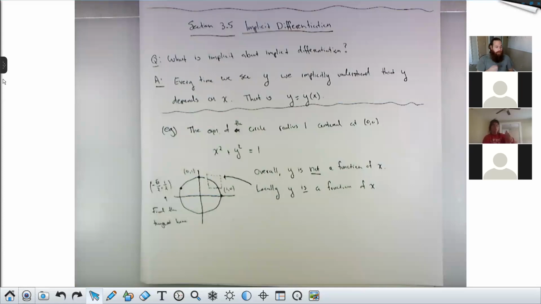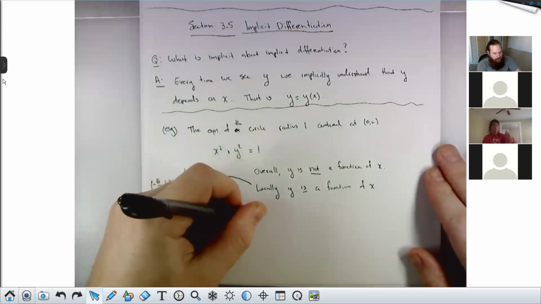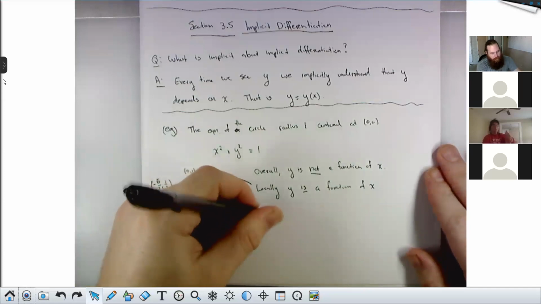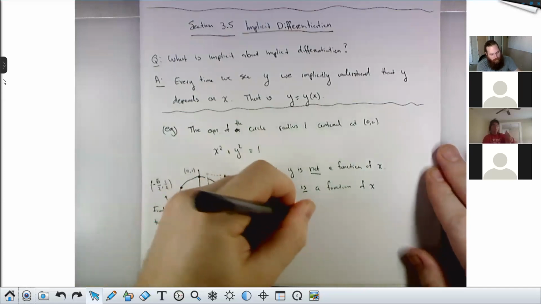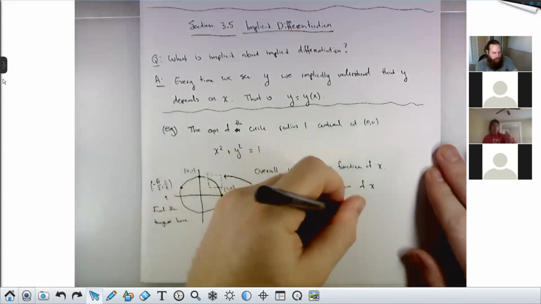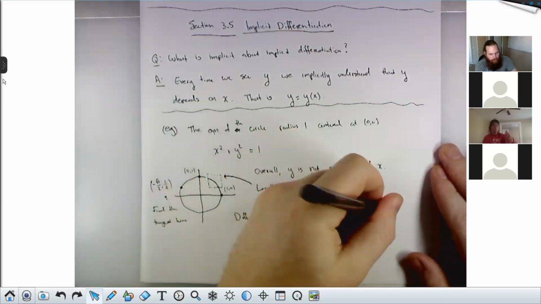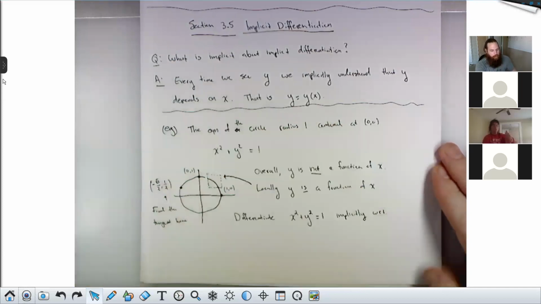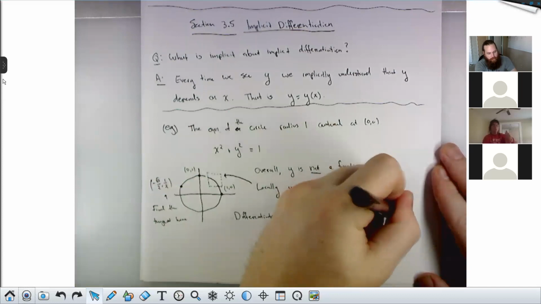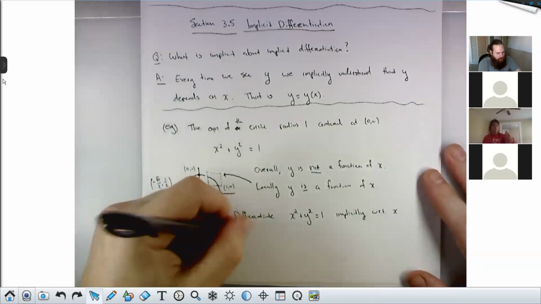And you can. So if I differentiate x squared plus y squared equals 1 implicitly with respect to the variable x, and you'll see this a lot, WRT, with respect to, that means I'm going to apply d/dx to both sides.